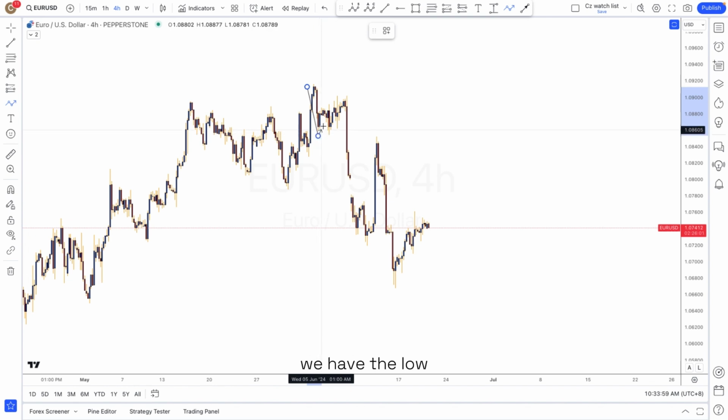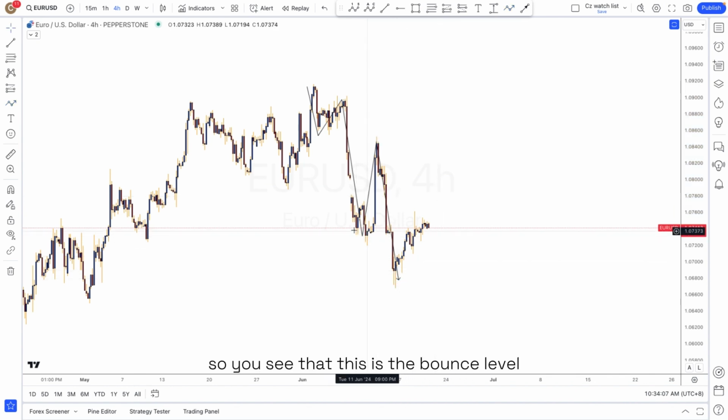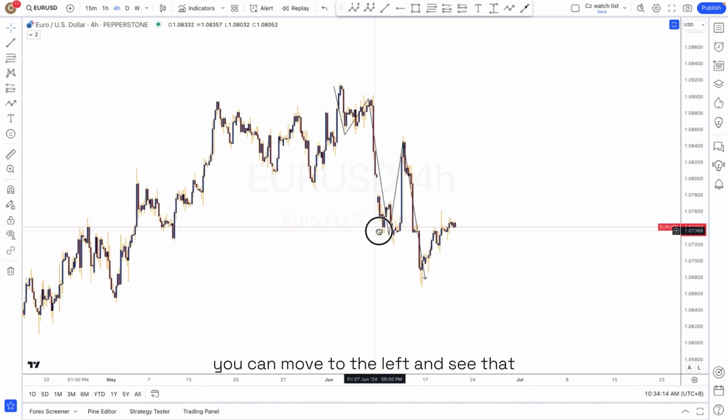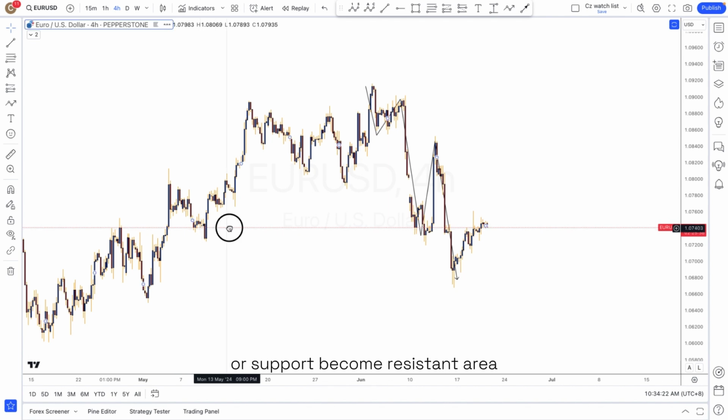We have the low, high, lower low, lower high, lower low again. So you see that this is the bounce level, and when you spot this level, you can move to the left and see whether there is any resistance become support or support become resistance area.